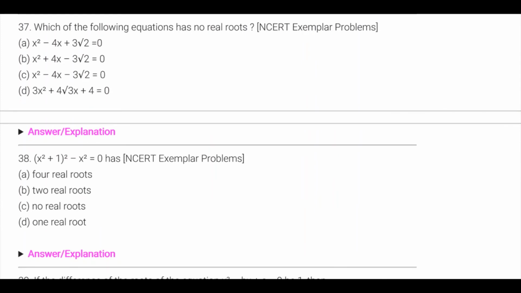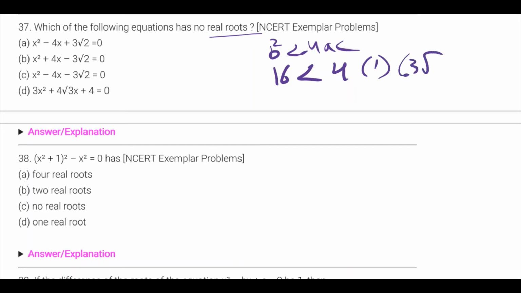37th one. Which of the following equations has no real roots? So b square is less than 4ac, where we get imaginary roots. In option A, b square is 16 and 4ac is 4 into a is 1 and c is 3 root 2. 16 is less than 12 root 2.